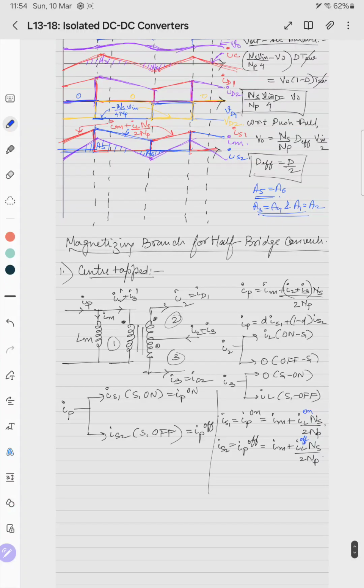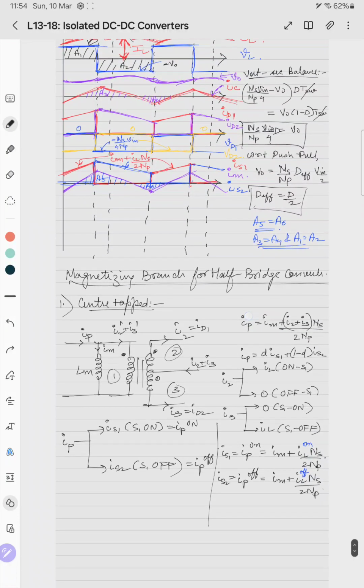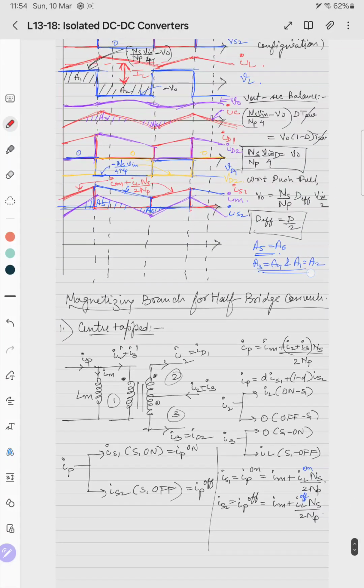Now the last waveform belongs to the voltage across the switches. VS1: when switch S1 is on, VS1 is 0, and when it is off, it is minus Vin. 0, minus Vin.